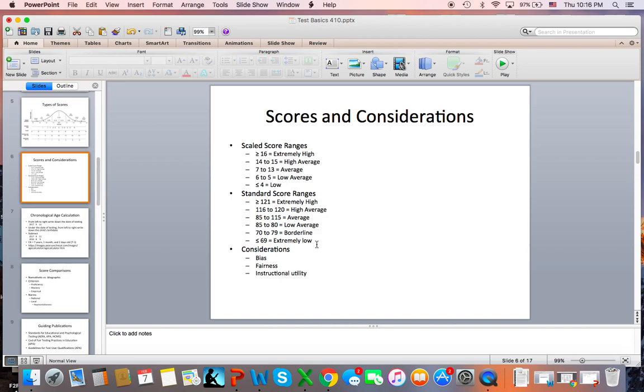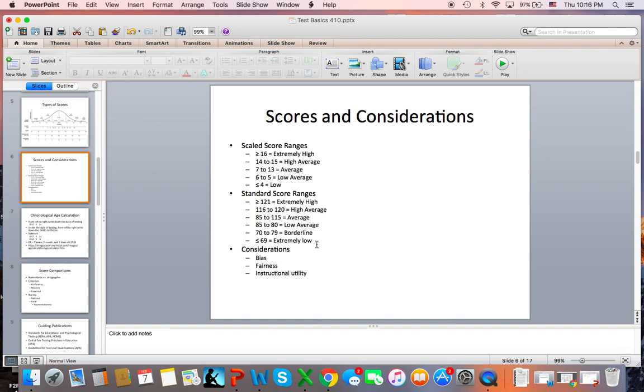So there are some considerations of tests that have to be taken into account, and this goes way back into research and intelligence. Oftentimes some folks have leveled charges of bias against IQ assessment specifically, and we talked a little bit about that with the Larry P. case and Hannon versus Pace.